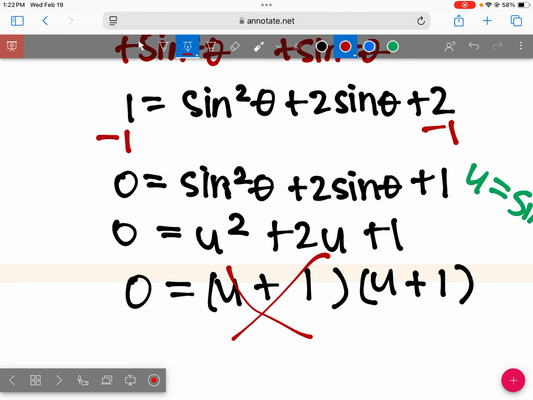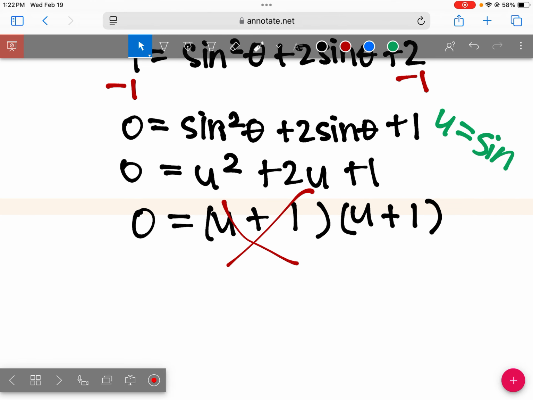Doesn't matter to us. We don't care, because they're the same thing. Because we're not graphing it, it doesn't necessarily matter. Multiplicities matter whenever you're drawing a quadratic to see zeros and stuff like that. To us, it doesn't really matter.